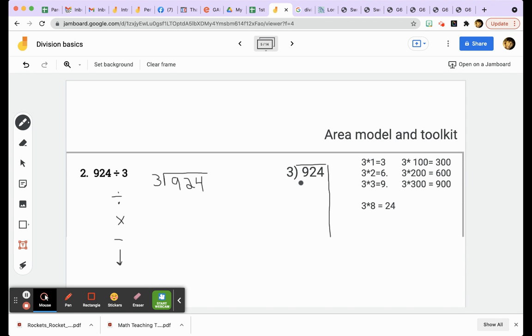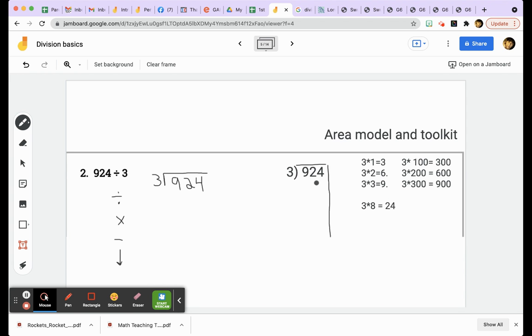Well, I'm looking at this number is in the hundreds. So I think I'm going to need a product that's going to be in the hundreds also. So I'm going to go back to 3 times 1. Now I'm going to multiply 3 times 100, and that's 300. 3 times 200, well, that's 600. 3 times 300, that's 900.